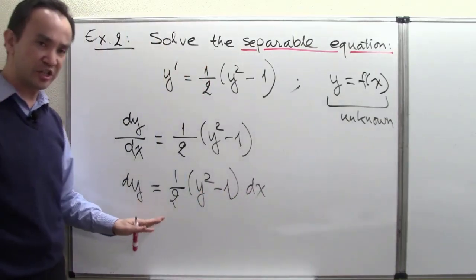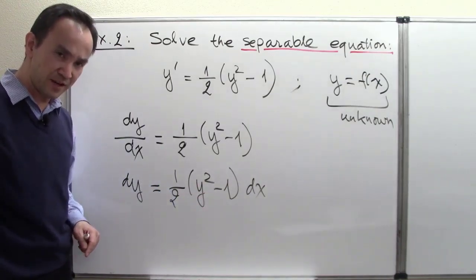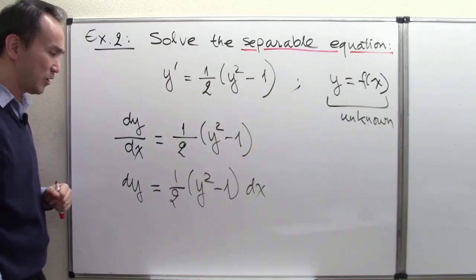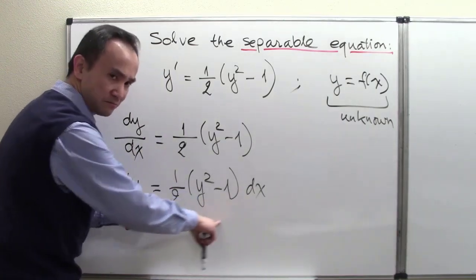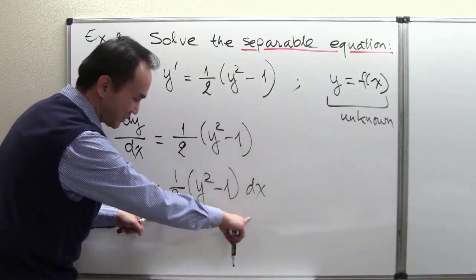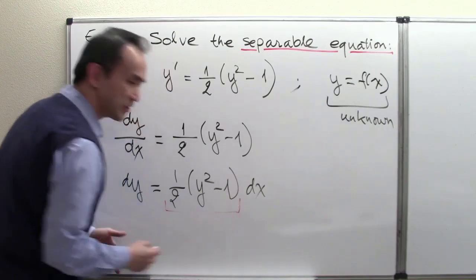This is a skill that anyone after taking calculus 2 is very familiar with. But further, I am going to divide both sides by this g of y function, this bracketed function in terms of y.